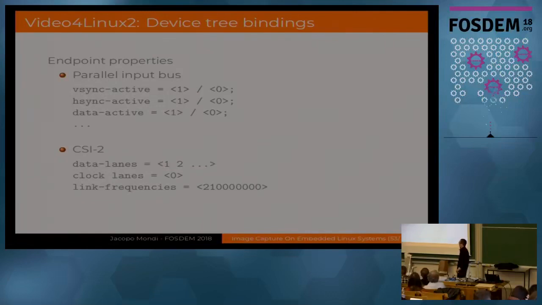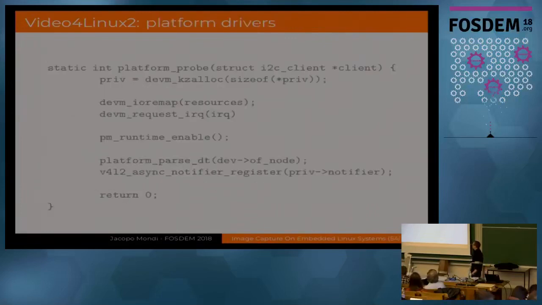In the same way, you have specific properties for CSI that describe the frequency, how many data lanes you have, how the data lanes are organized, and things like that. And it's very interesting that there is a framework handling those kinds of properties, which is different from the async framework and different from the firmware framework.